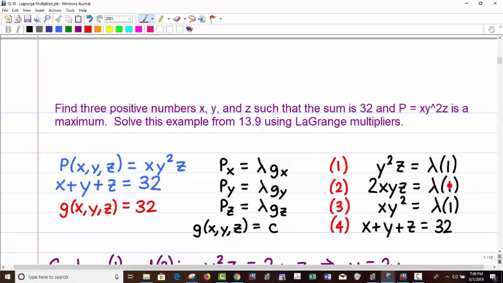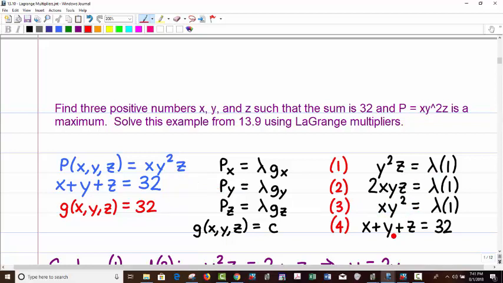I didn't just repeat the same thing three times on purpose. So let's look at the partial for y. The derivative would be 2y, so it makes it 2xyz. And then the last one, the derivative of z would be 1, so it's xy squared.